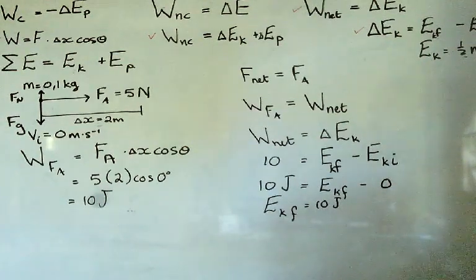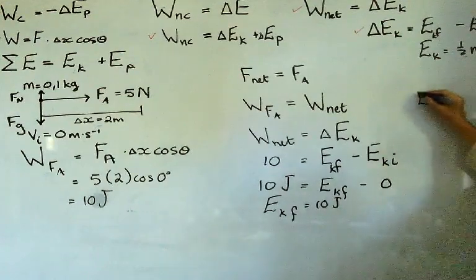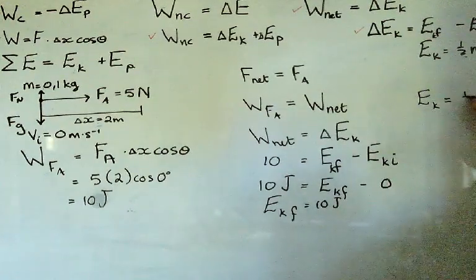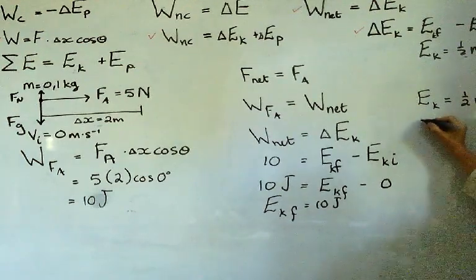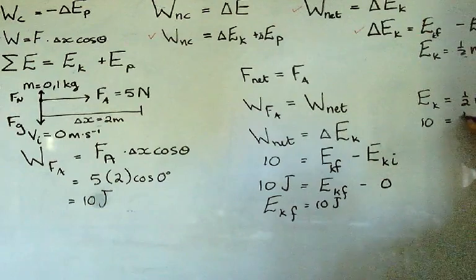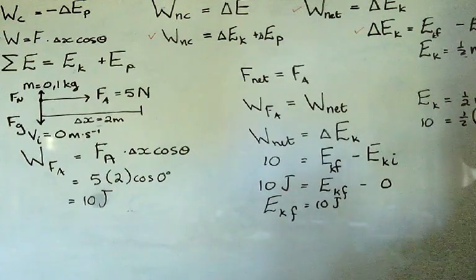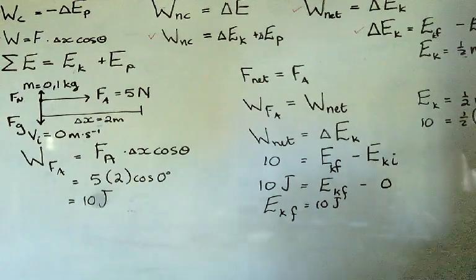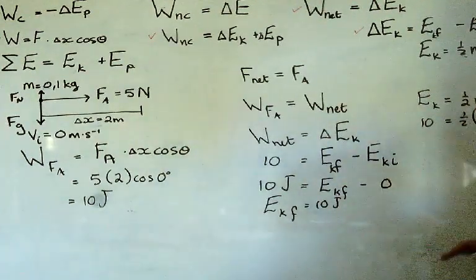What equation shall we use for the final velocity? This one. Okay. So E K equals a half m v squared. That's 10. This is a half. You told me this is 0.1. What is v? Sorry, this is going off the screen now.